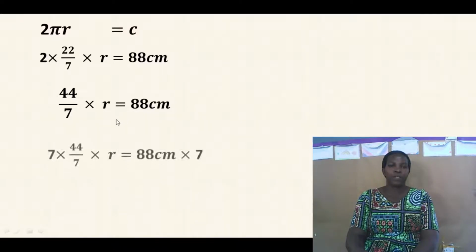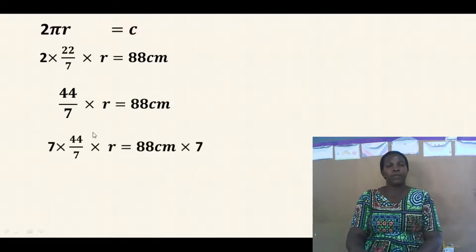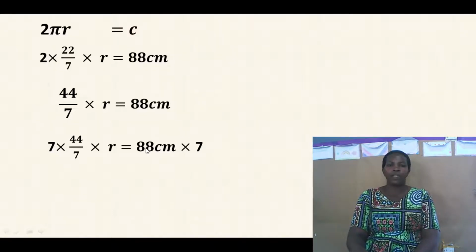We shall proceed. In the next step, we shall multiply by 7, this denominator here, on both sides. We shall have 7 times 44 over 7 times the radius, equal to 88 centimeters times 7.